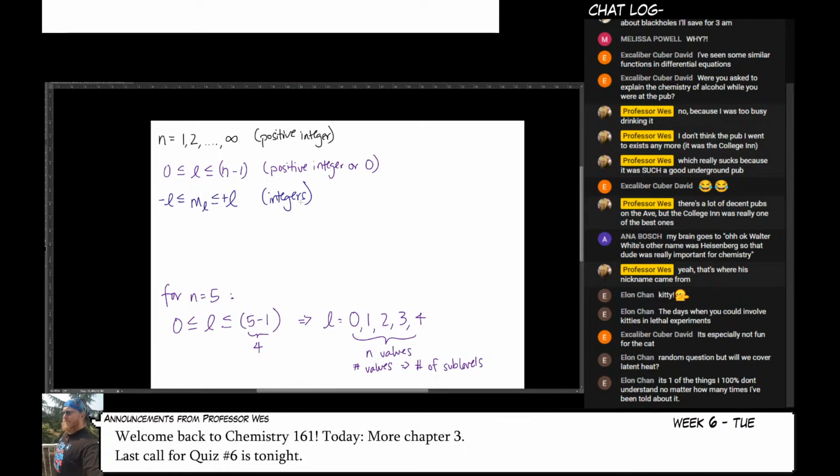It doesn't matter. It can be 0. 0 is allowed. 0 is an integer. And what these each describe are just a closer and closer and closer look at where our electrons live.